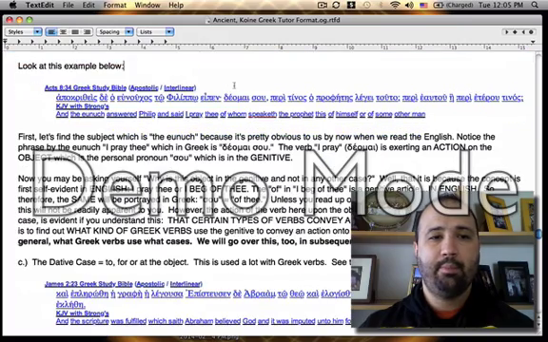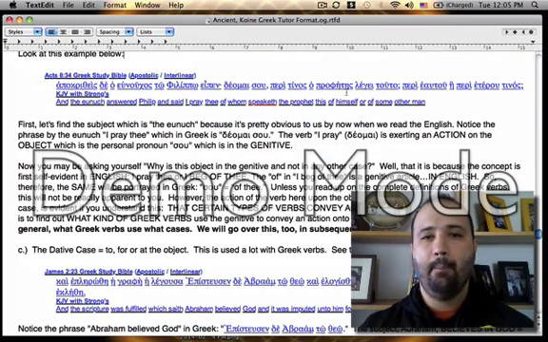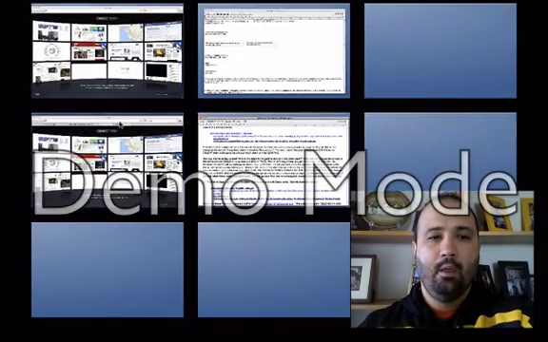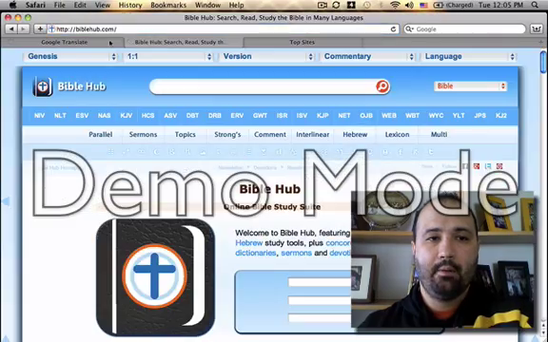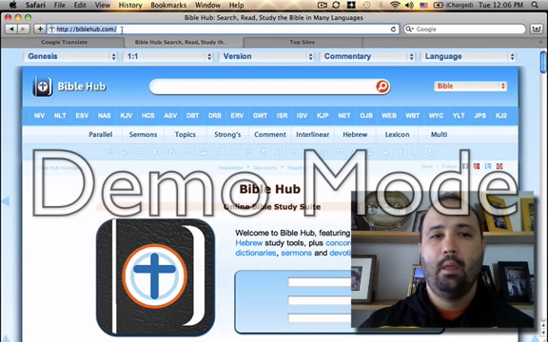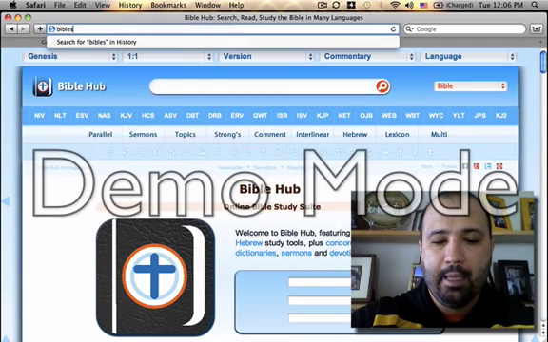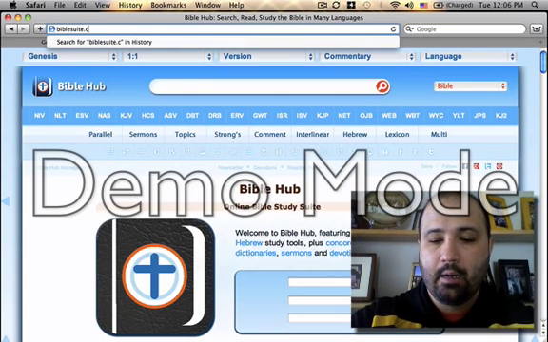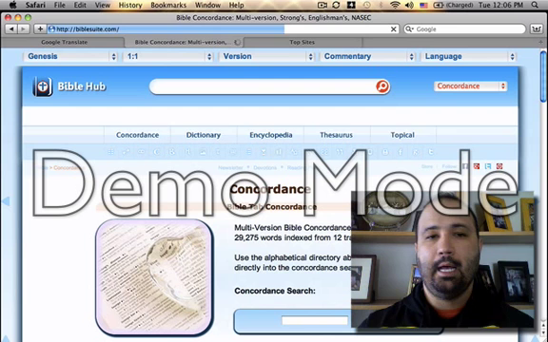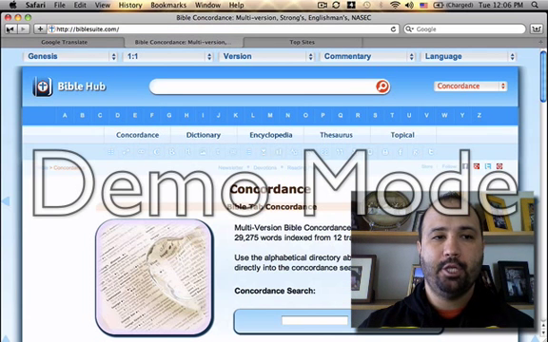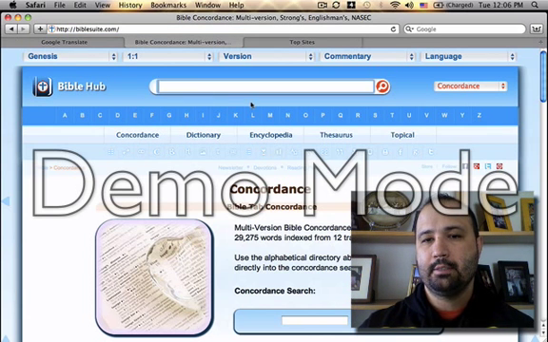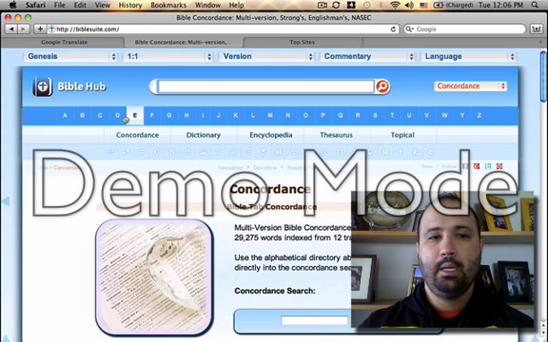Now, let's look at this example below. Again, we're using biblos.com or biblesuite.com, which is this website here. Bible Hub, actually. And the Bible Suite, as I mentioned in my previous lesson, biblesuite.com, is like its mobile phone app version, because it's more limited here.